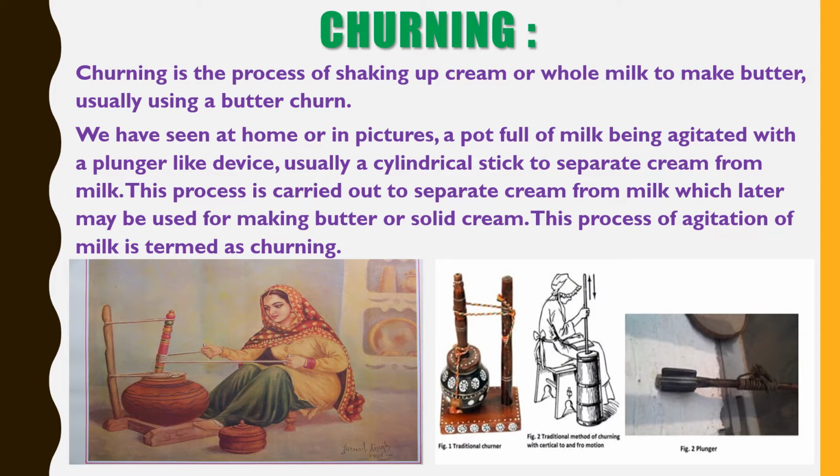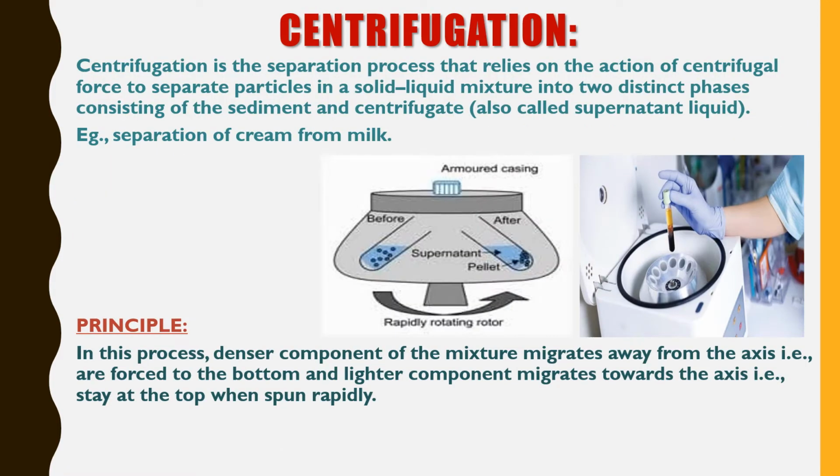So later on, for larger quantities, the process of centrifugation is carried out. For churning, you can see over here, the lady is doing churning. She is separating cream from milk. So let us proceed towards centrifugation.